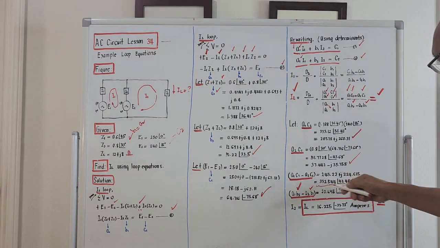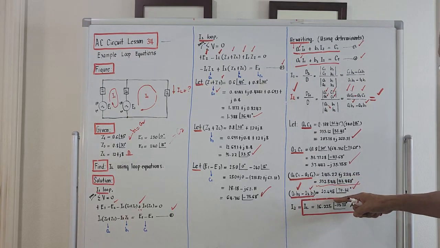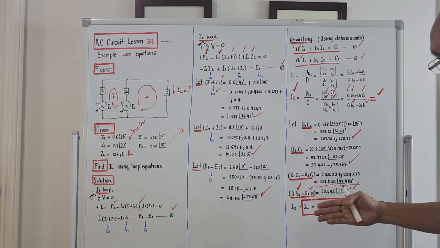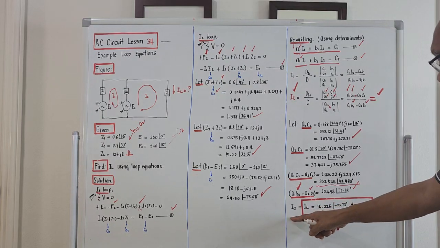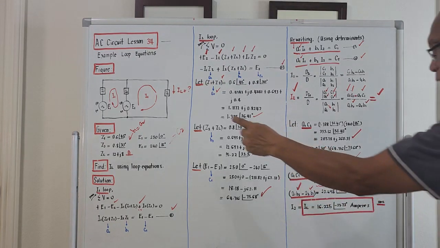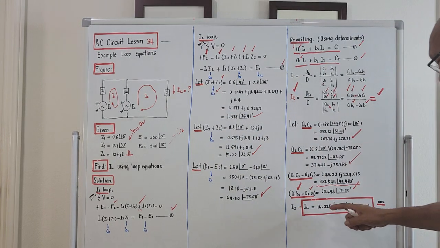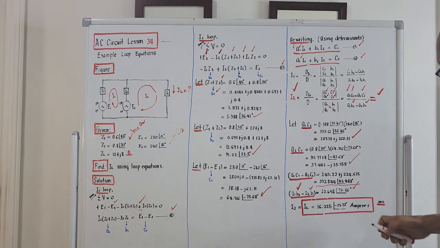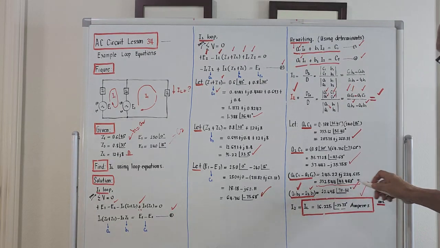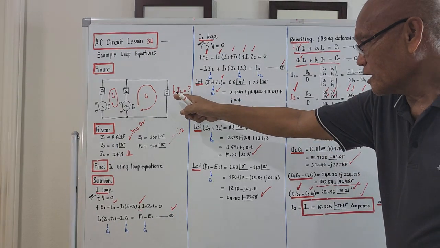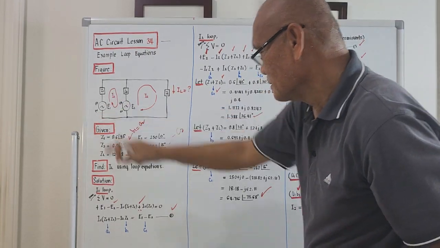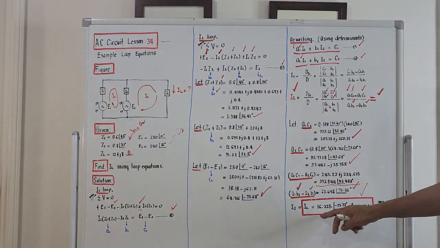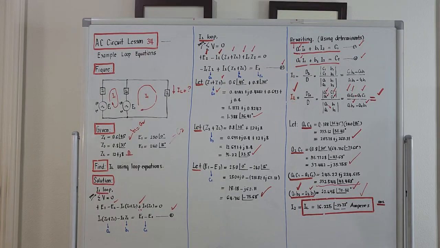So if we divide polar over polar, very nice, what will come out for I sub 2, which is actually I sub L, should be 6.225 angle negative 27.73 degree amperes. So that's the current drawn by I sub L due to these two voltage sources. Okay, the current is 16.225. Okay, that's it, guys.